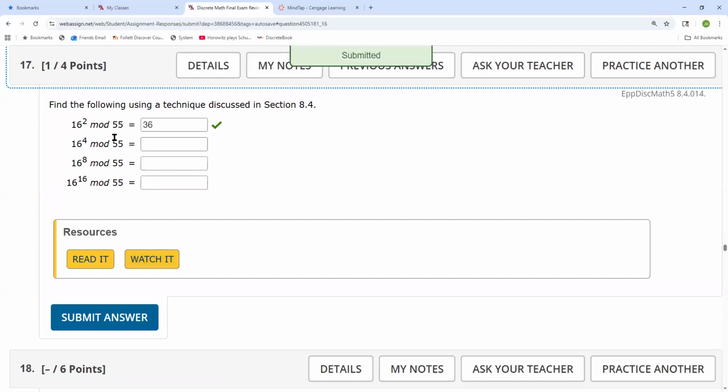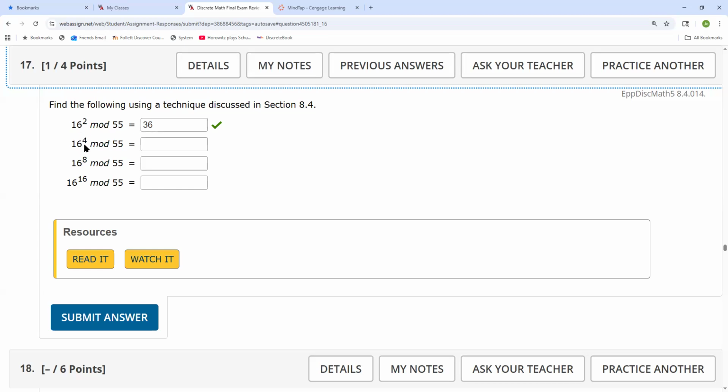So now here's the thing though. If you have already found the remainder of something squared, and you're trying to find the remainder of something to the 4th power, what is the 4th power actually? What's the 4th power of x equal to? It's equal to x squared squared, right? So to find the remainder of 16 to the 4th power mod 55, I can actually just find the remainder of 36 to the 2nd power mod 55, because I already know that 16 squared has a remainder of 36.